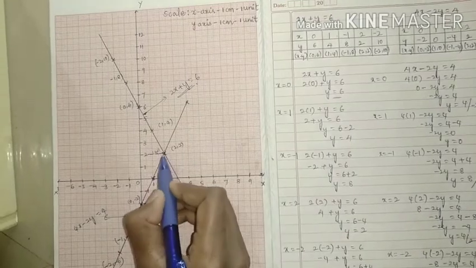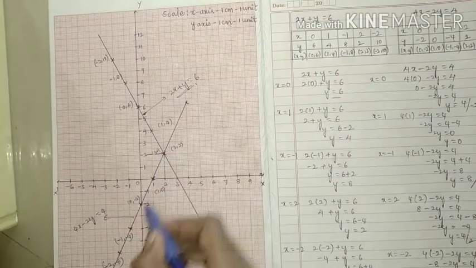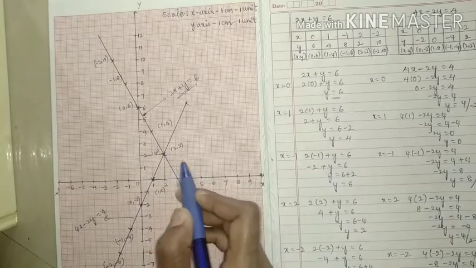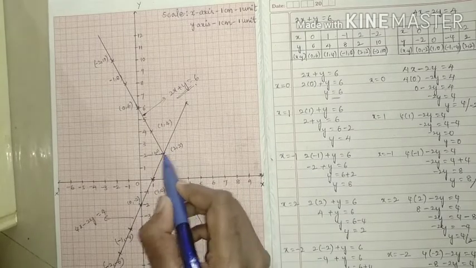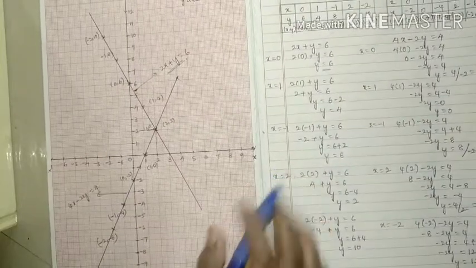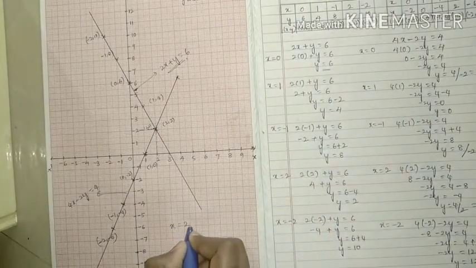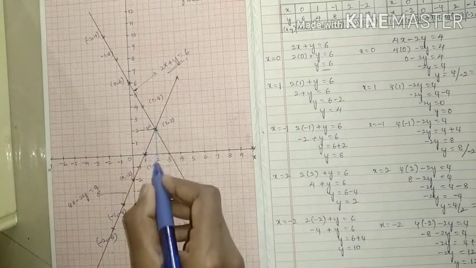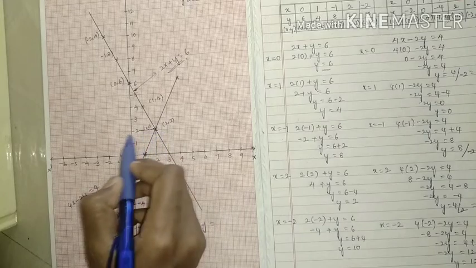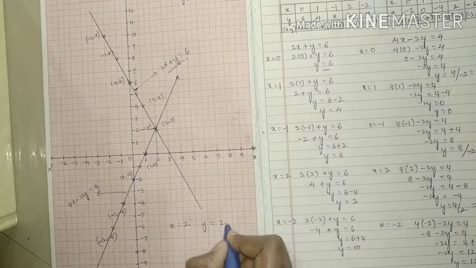So here the two lines intersect each other at only one point, that is 2 comma 2. So therefore here you have to write x is 2 and y is also 2.